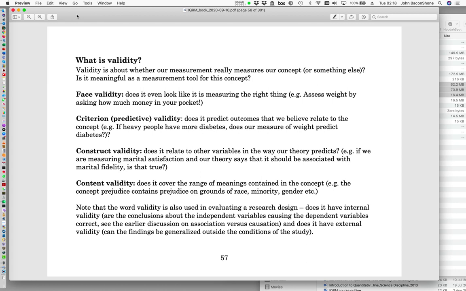In other words, are our conclusions about the independent variables causing the dependent variables correct? So this might be called into question if we had association but we were not sure whether it was actually causation. And then external validity is, can the findings be generalized outside the conditions of the study? Okay, so that has again to do with our research design.